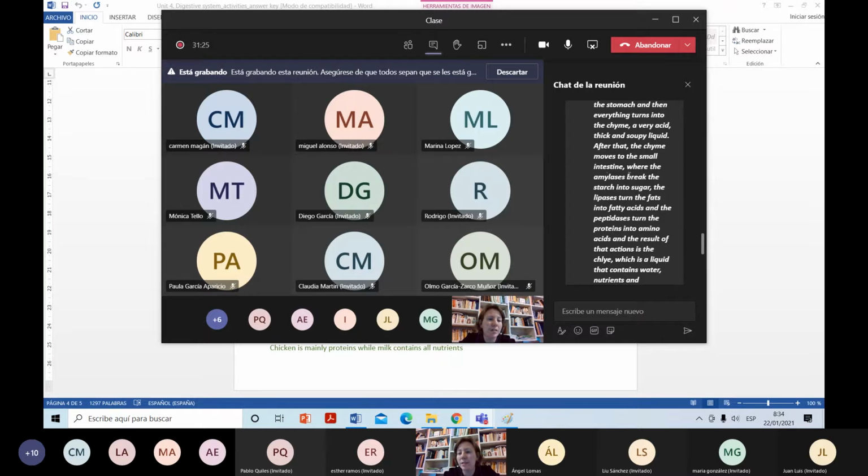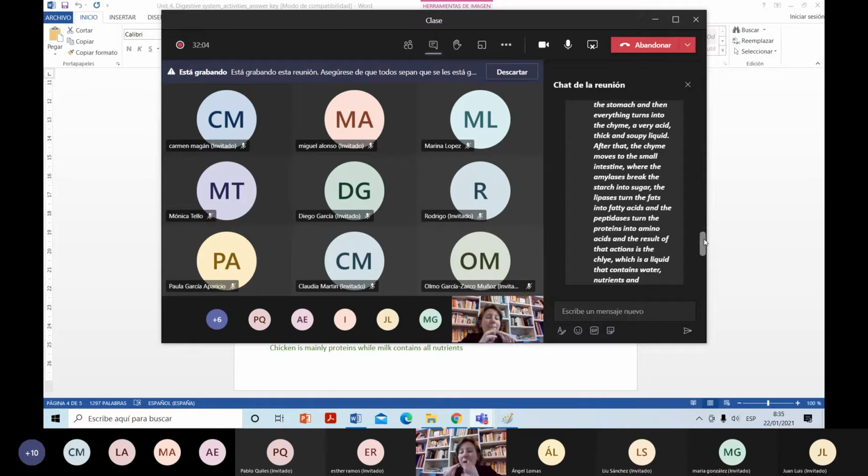Amylases break down starch into sugar, the lipases turn the fats into fatty acids, and peptidases turn the proteins into amino acids. Perfect. Well, you could explain that this starch was still present in the remainings of bread, that the lipases are acting on the fats present in milk and probably chicken as well, and then this peptidase is acting on proteins that are coming from chicken and milk.